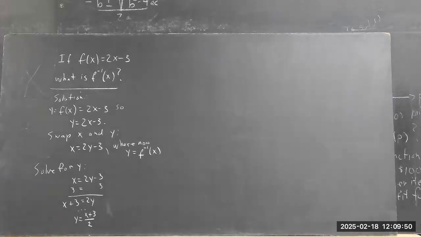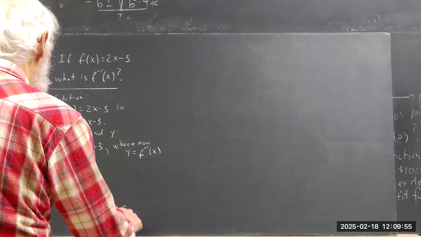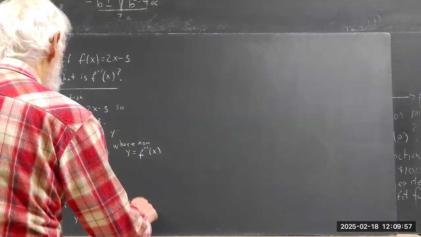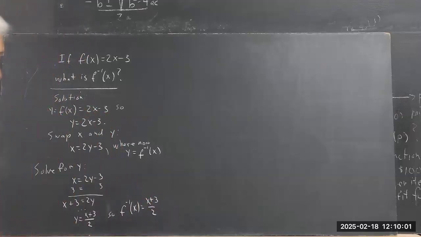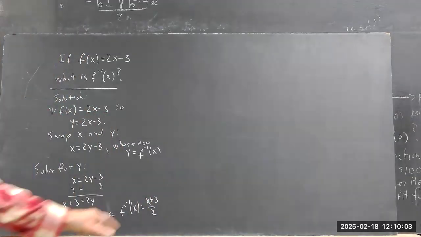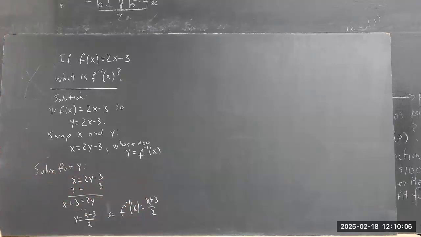Divide by 2, we get 3 over 2. So f inverse of x should be (x plus 3) over 2.